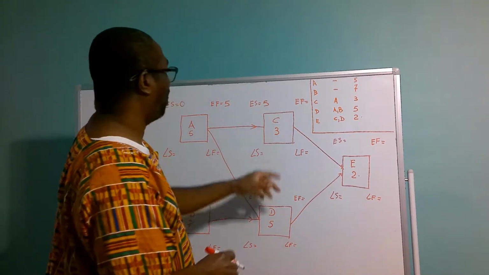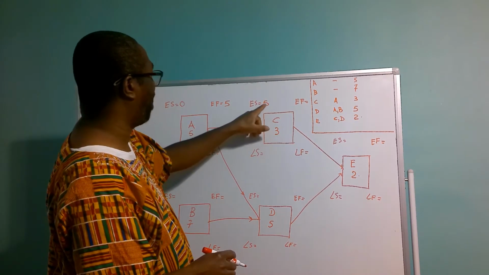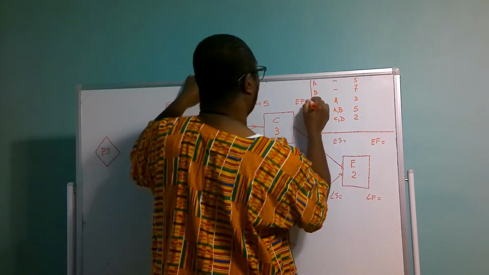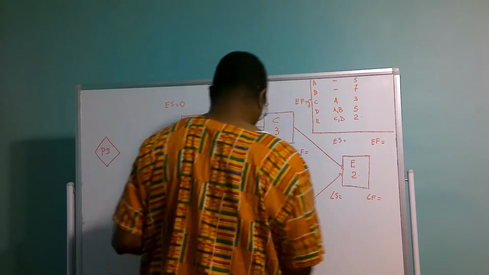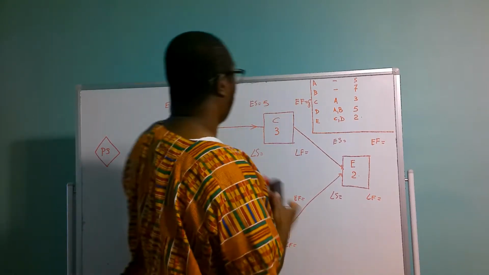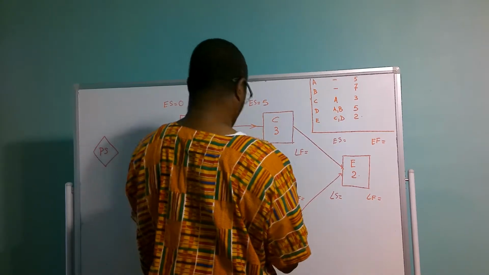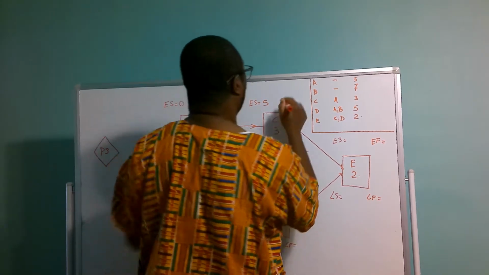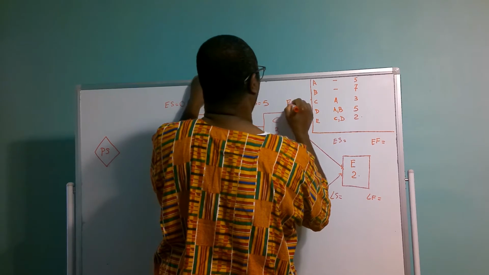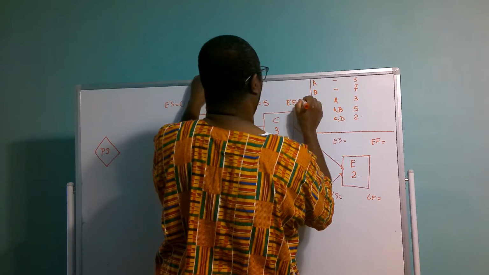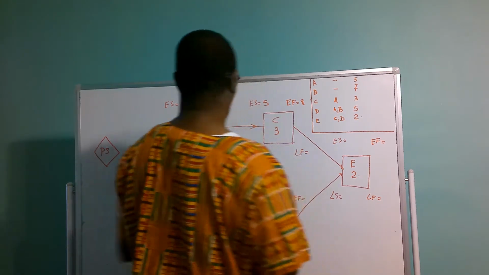C has a duration of 3 days, so it's going to be 5 plus 3, which is 8. Let me write this because we are going to need this information. So the early finish is going to equal 8.